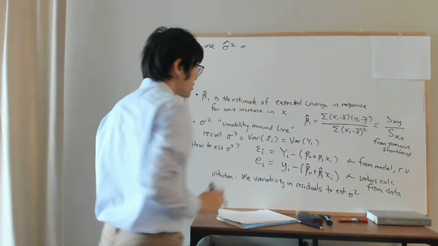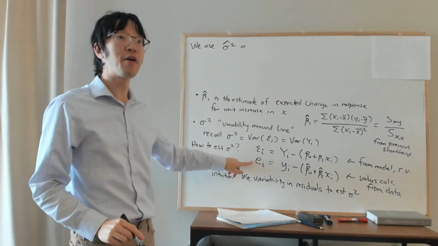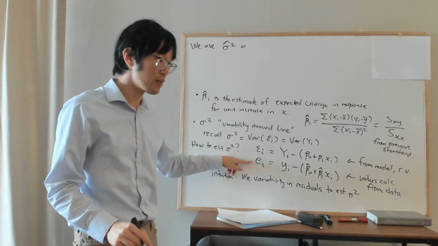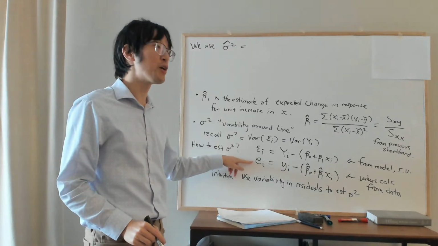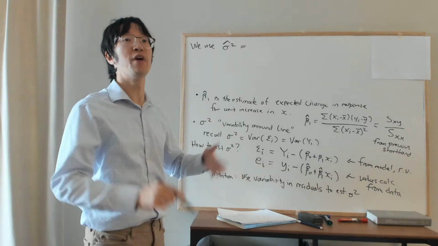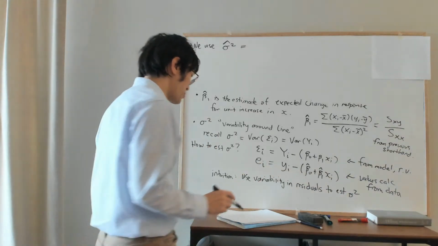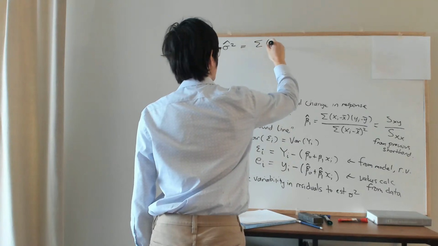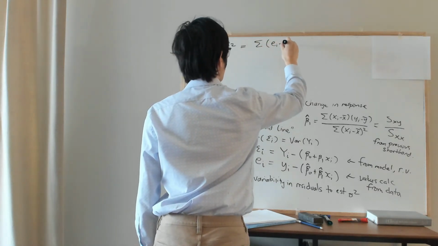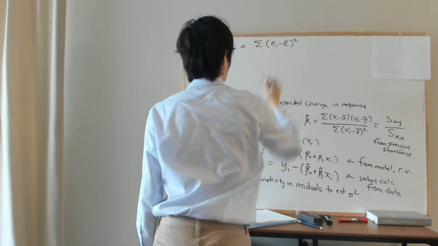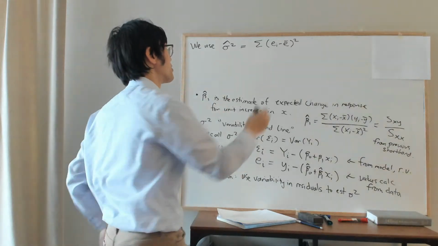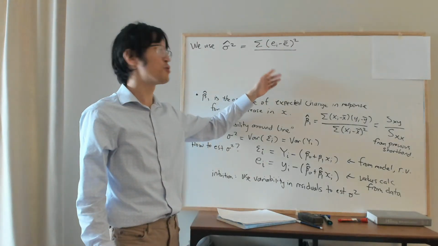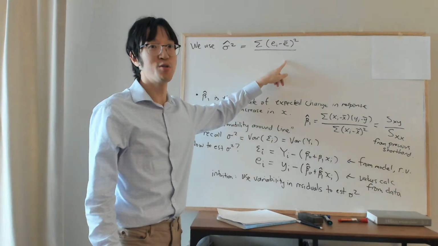Let's write down an expression that looks like the variance of ei. Remember, ei we calculate on n data points, so we can imagine writing down the sample variance of the ei's. The sample variance formula starts like this: ei, I'm going to subtract e bar, squared, sum, and then I'm going to divide by, well, normally if you're calculating sample variance, you would divide by n minus 1.